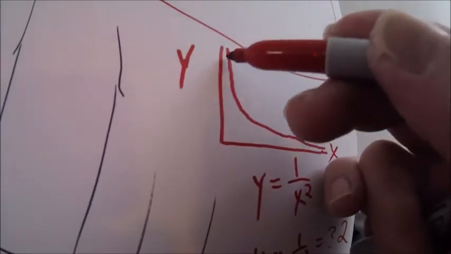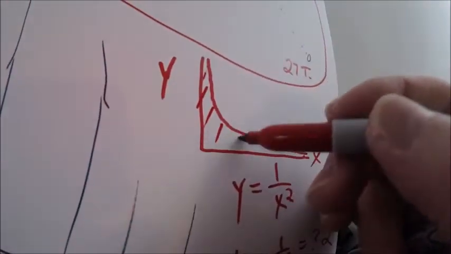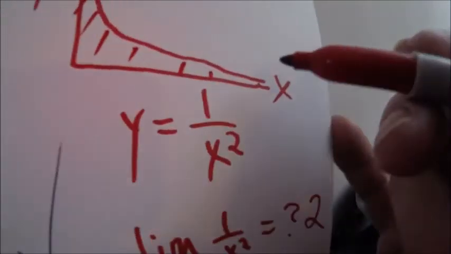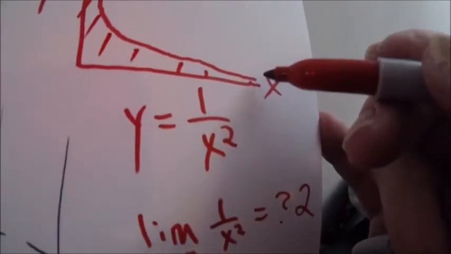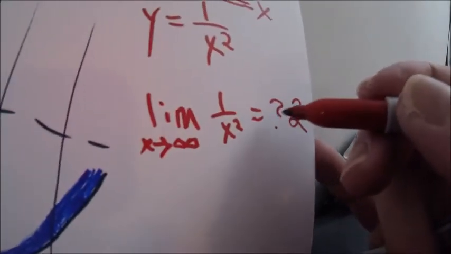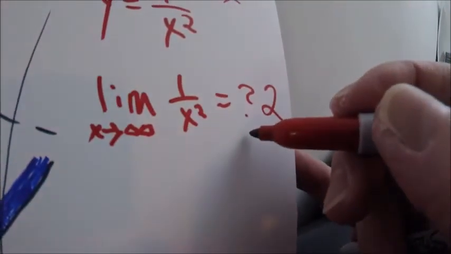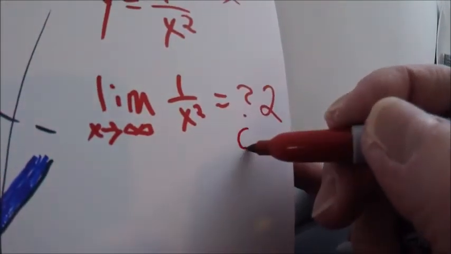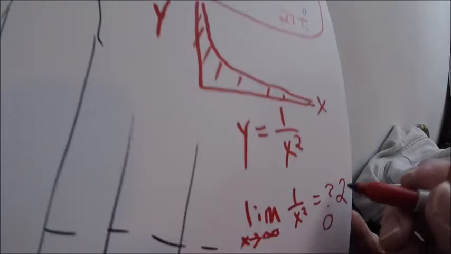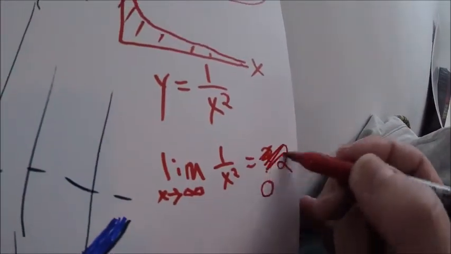The area under this curve is a very, very small number. Actually, I think this limit goes to 0. Yeah. Pretty sure this is 0. But the area under the curve is pretty small. And that's why the sky is dark at night.